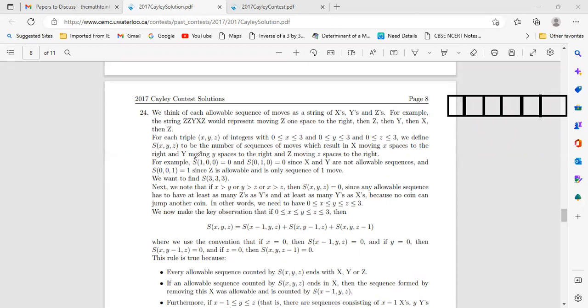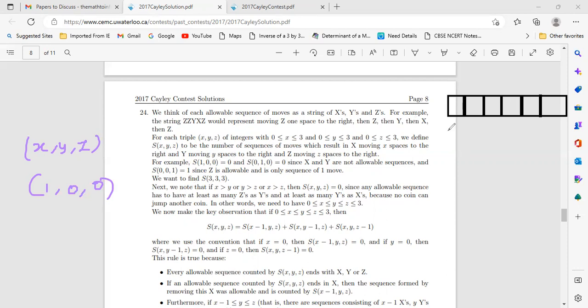So you are just using S of 1 comma 0 comma 0, in the sense X comma Y comma Z, which means X just moved one space further. There is no movement for Y and Z. Can you follow? Yeah.